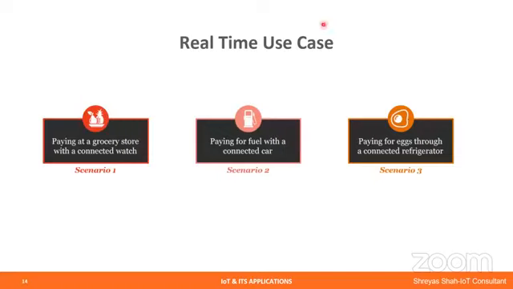Then these are the three real-time use cases. The first is about a grocery store, that is smart retail, that is paying at a grocery store with a connected watch. We have a wearable, we can easily pay using just a simple tap.